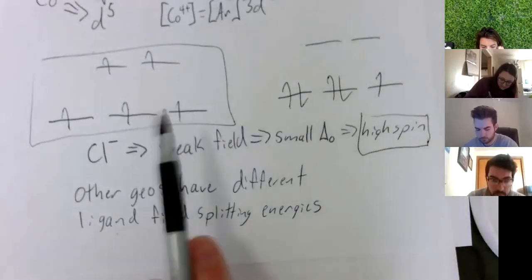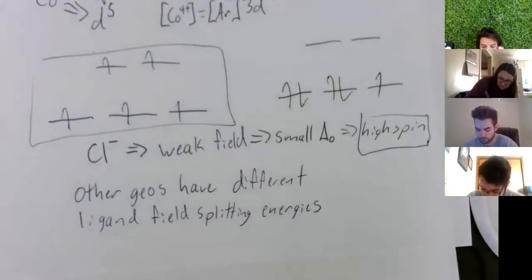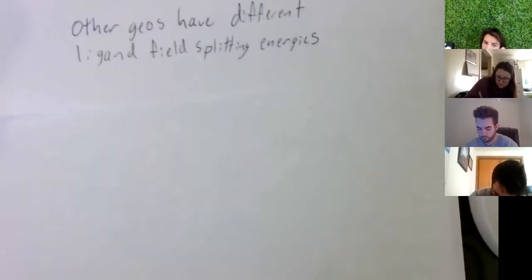So we draw these little dashes and stuff, and we haven't really indicated how far apart in energy these orbitals are from one another. So I'm going to move this up.